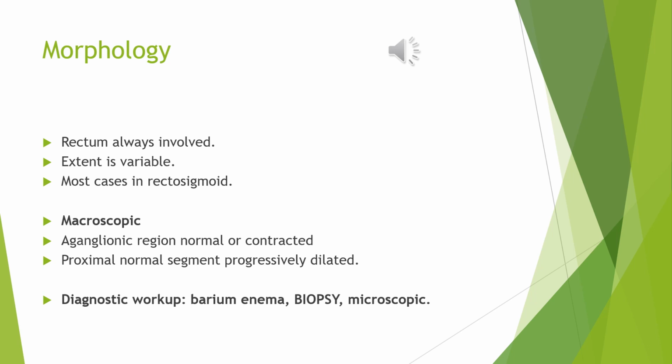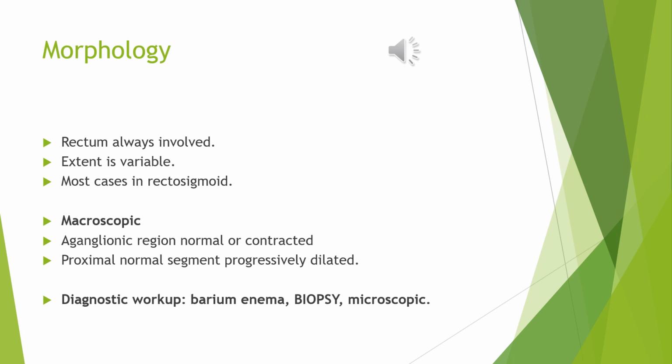Now, how do we diagnose Hirschsprung disease? The diagnosis is a combination of clinical features in which we have a child with a failure to pass meconium, for example, or a child complaining of chronic constipation in which we fail to find a cause for this constipation.